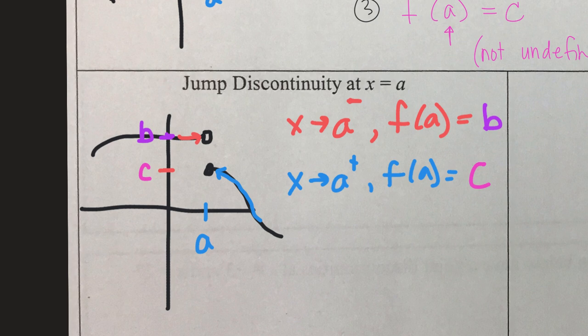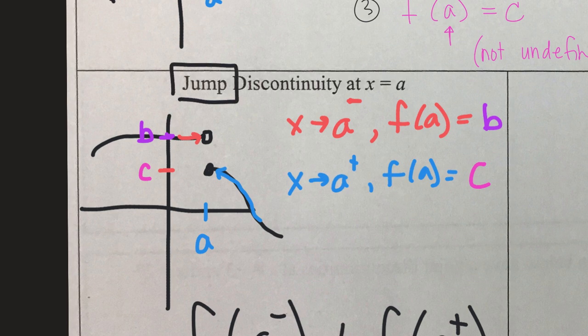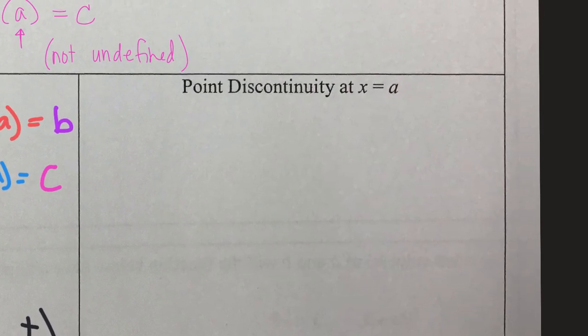Okay, so if f of a from the left does not equal f of a from the right, then we have ourselves a jump discontinuity.